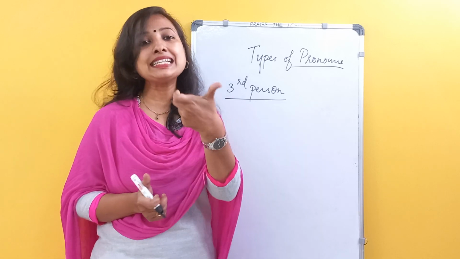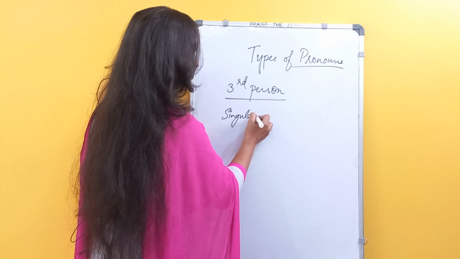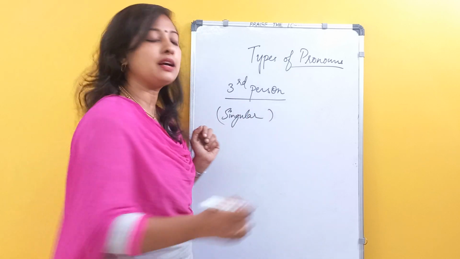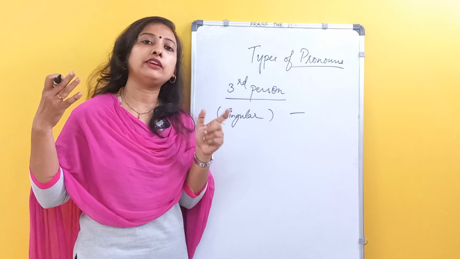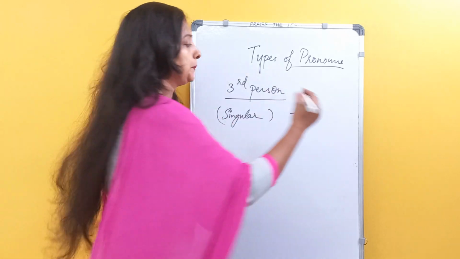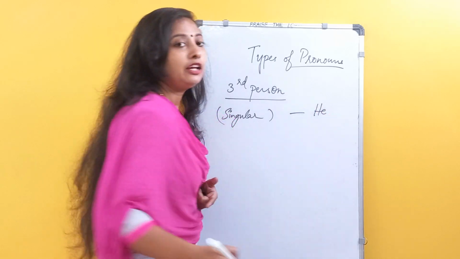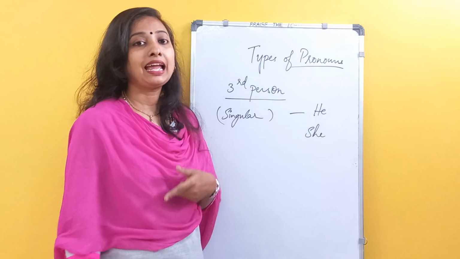The third person singular becomes he if it is a boy about whom we are talking, and if it is about a girl, then she.